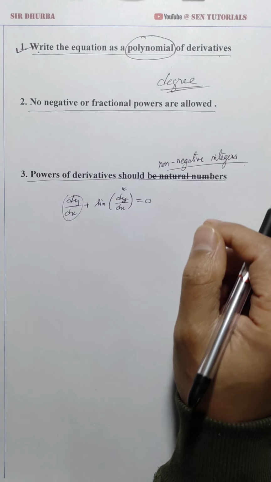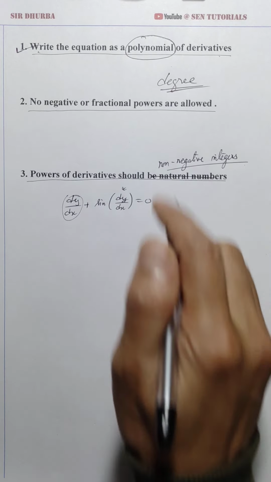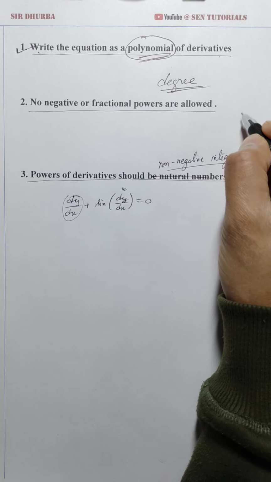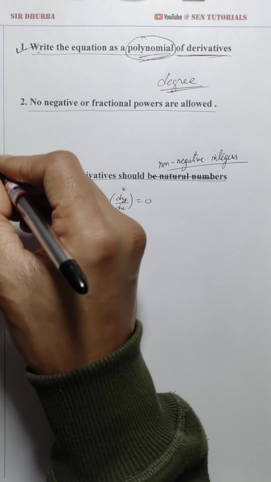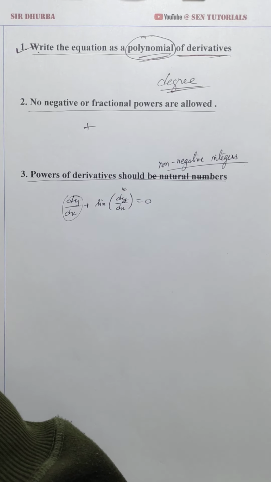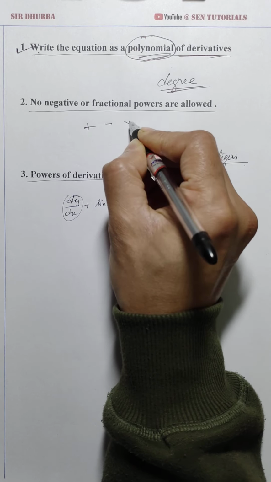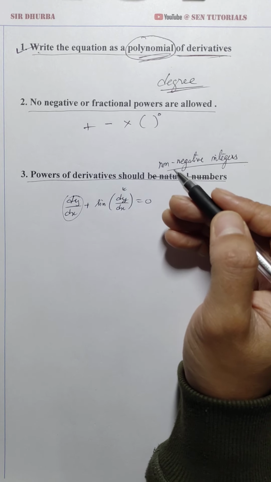Order though very simple, now degree only many students will make mistakes, because these 3 points have to be kept in mind, and especially these polynomials. What did I say? Polynomials only on the differentials, that is dy by dx, d square y, whatever be that, only 3 operations are allowed: plus, minus, multiplication, and its power should be positive.